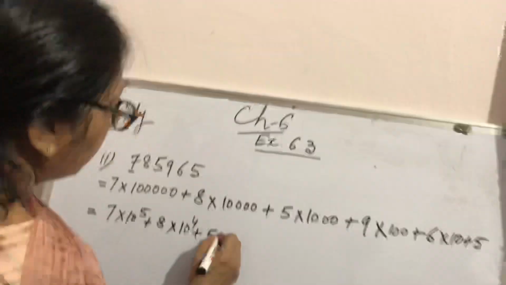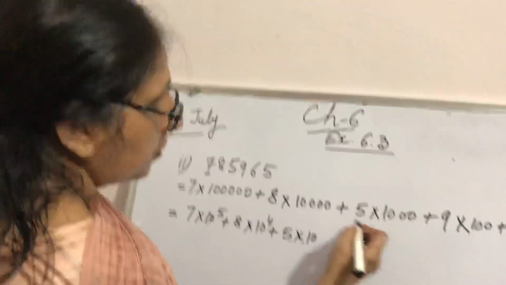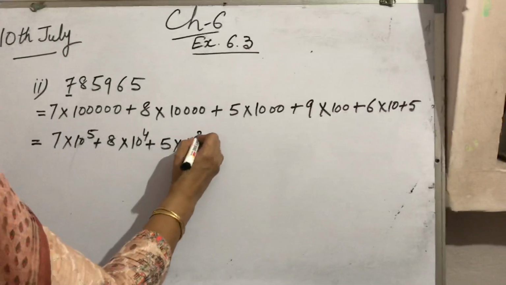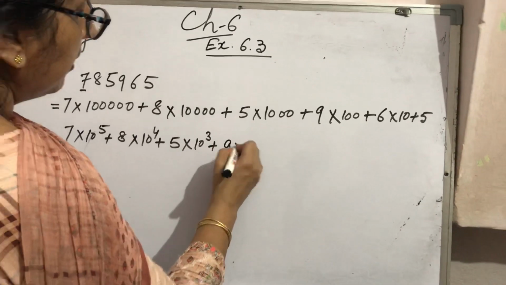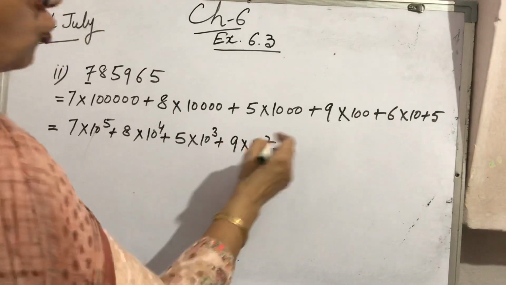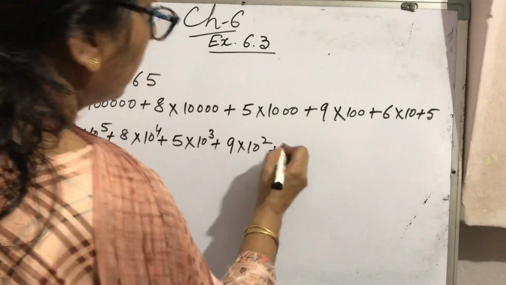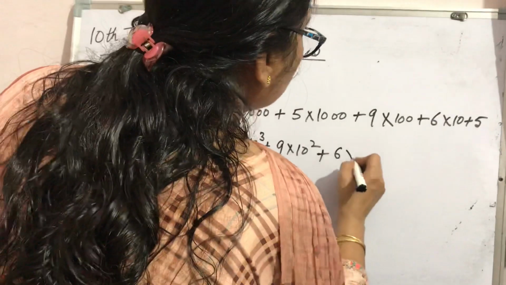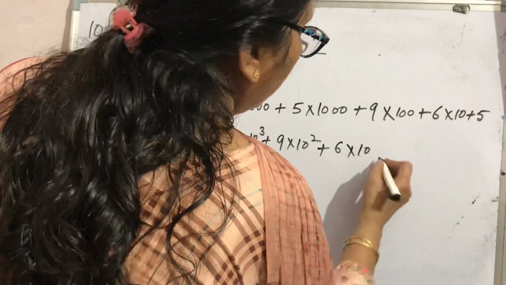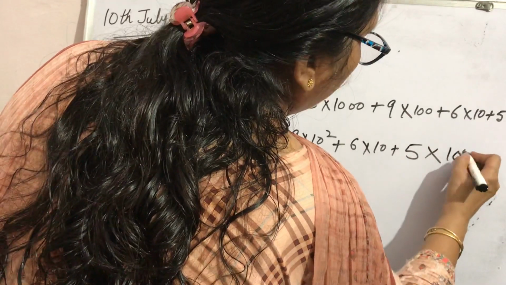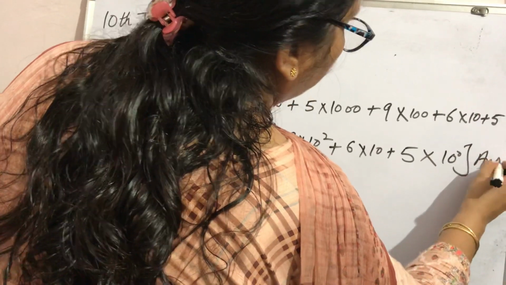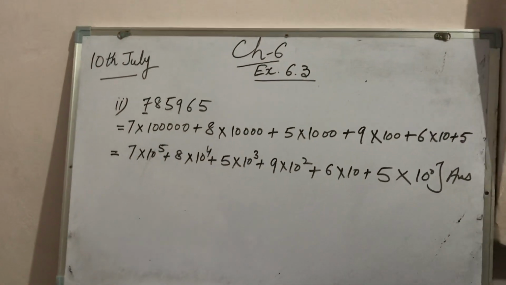Plus 5 multiply, thousands place, 10 raised to power 3, plus 9 multiply 10 raised to power 2, 2 zeros are there, plus 6 multiply 10 raised to power 1, no need to mention, and 5 multiply 10 raised to power 0. Is it clear?